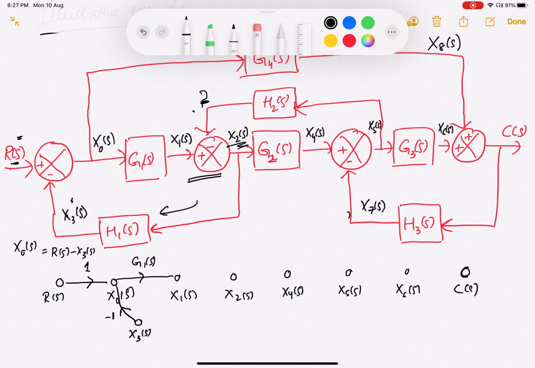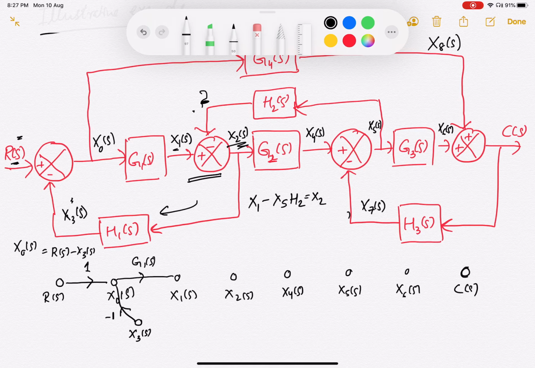The summing junction here that we have to illustrate using the signal flow graph has this X1, minus, I'll leave the S so that it is easier to write. So it is X1 minus X5 H2, right, is equal to X2, right? So X1 minus X5 H2.